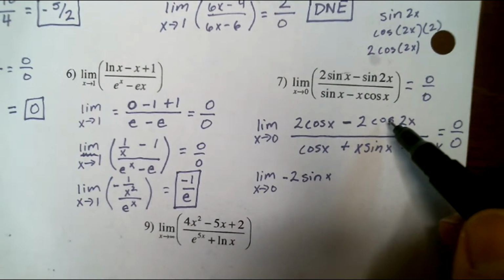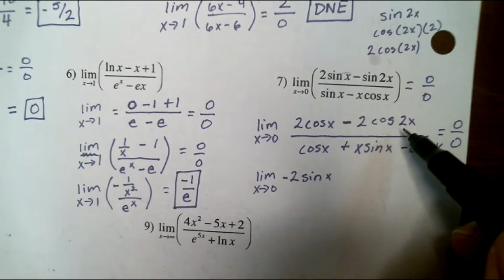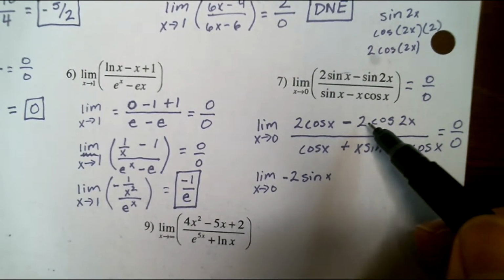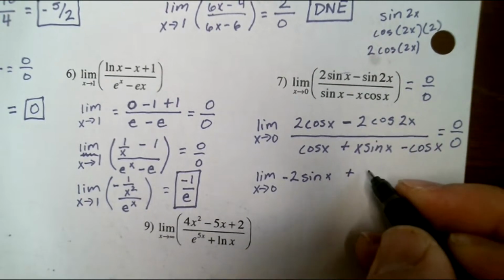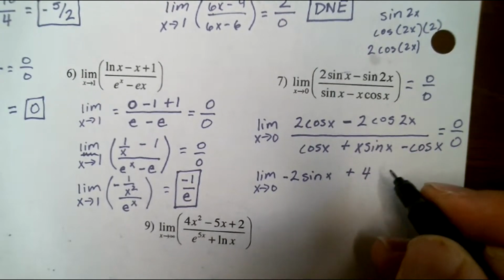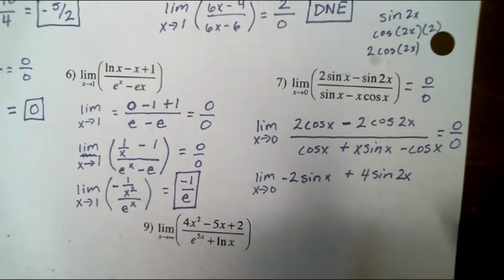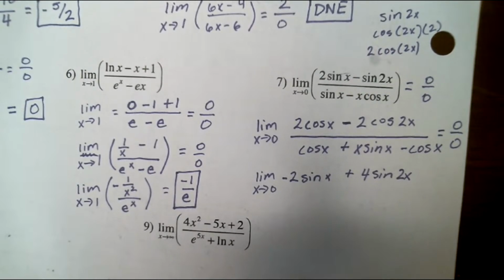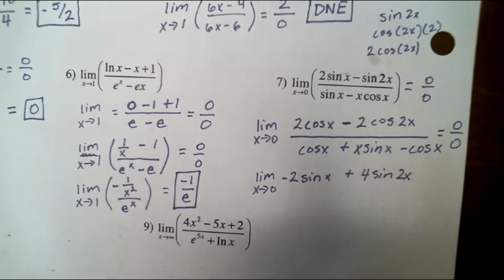The derivative of cosine of 2x would be sine of 2x times 2. So that outside 2 times that inside 2 would take me to plus 4 sine of 2x. And again, I'm doing a lot of mental stuff right here. Don't really have room to work all this out. And obviously, the reason it goes to plus is because the derivative of cosine is negative sine.